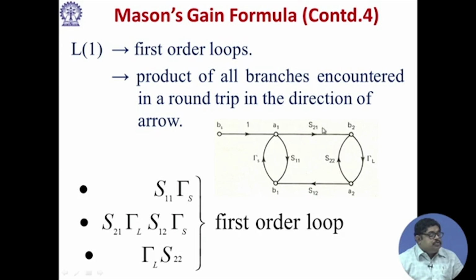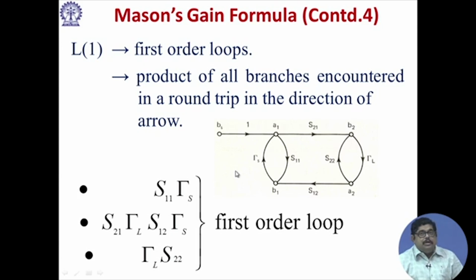So, S21 gamma L, S12 gamma S. See, no other first order loops are there. So, there are three first order loops.